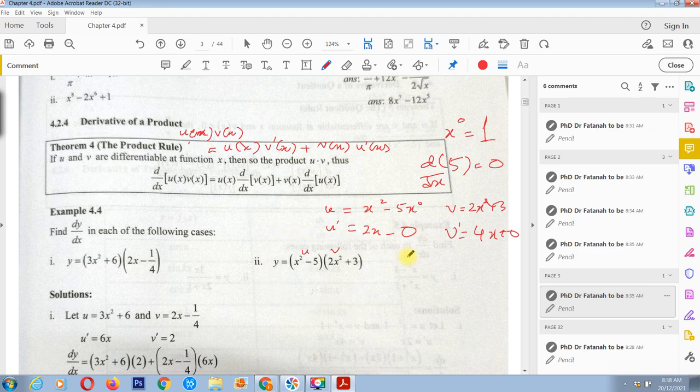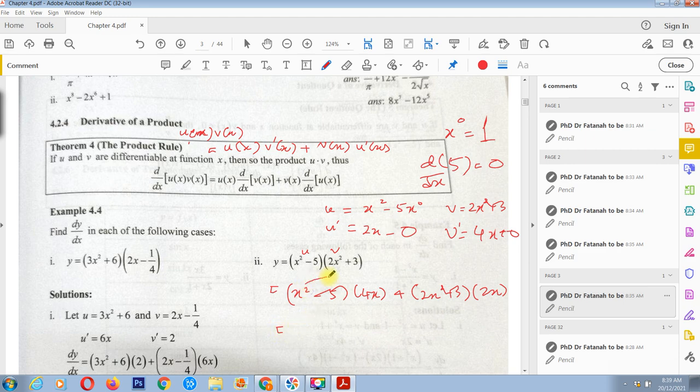So we arrange this into this formula. So you have u, okay, copy u, x square minus 5 bracket, and then v prime is 4x plus v. What is v? V is 2x square plus 3, and then u prime equals 2x.